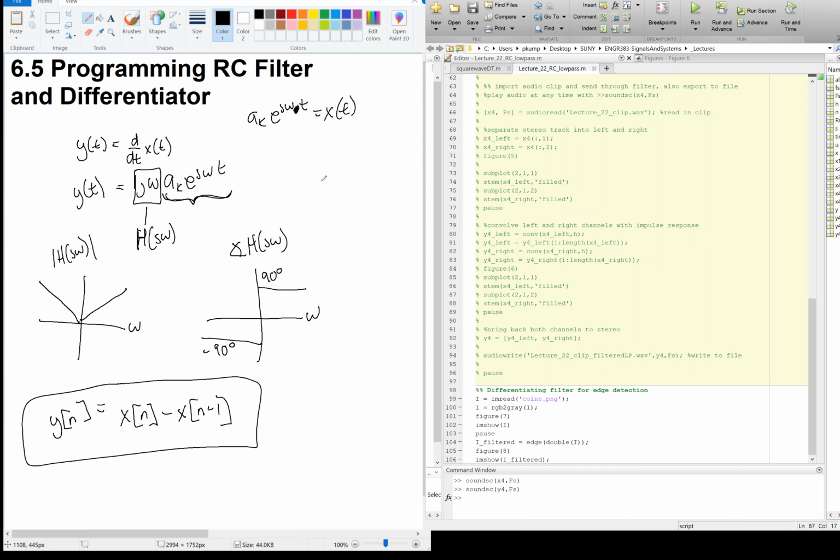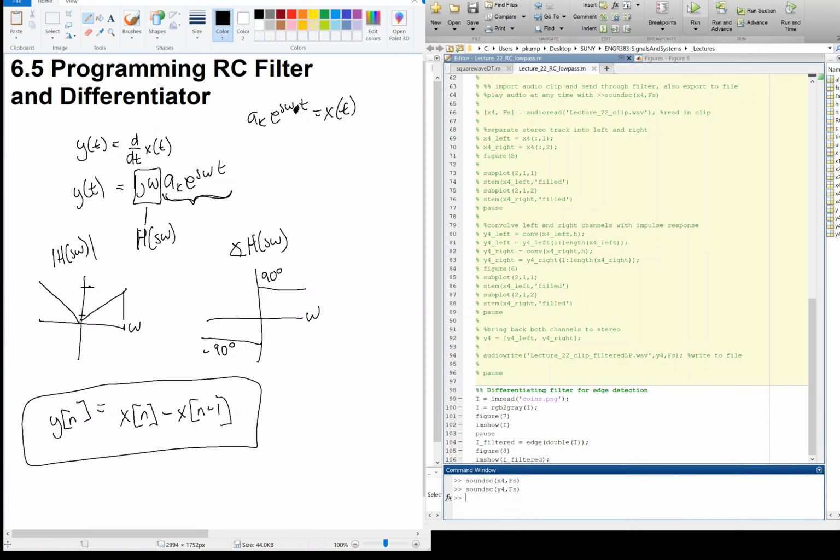Quick change over a couple pixels. It goes from white to black. So that corresponds to a high frequency. So that high frequency gets amplified by quite a bit, right? But the low frequencies, like something that's not an edge, that gets attenuated. And so if we send an image through this first difference, or this differentiator, then we might be able to detect edges. So that's the demo that I have here.